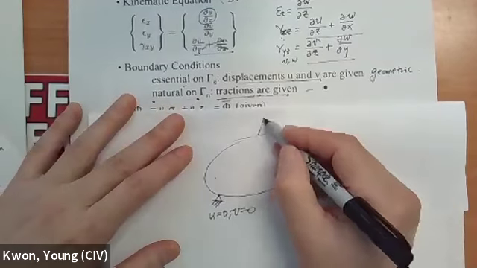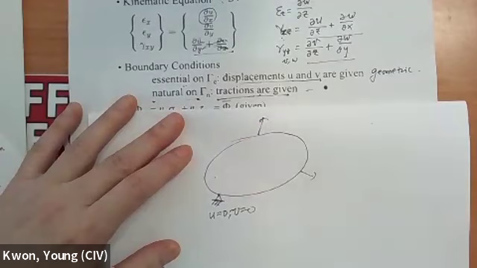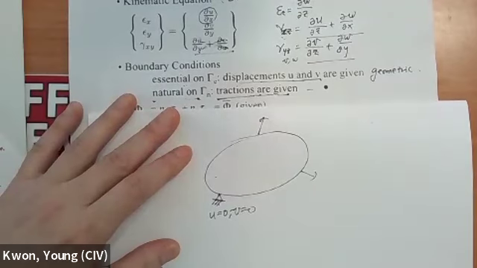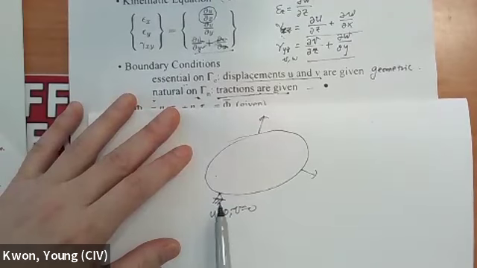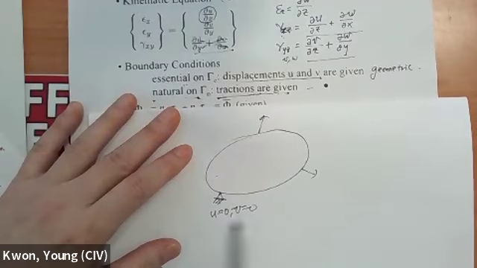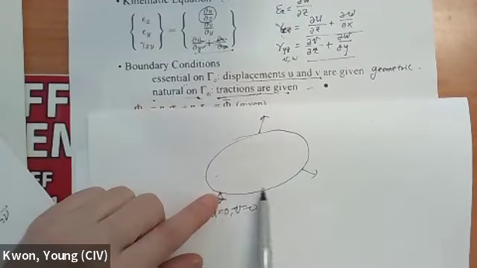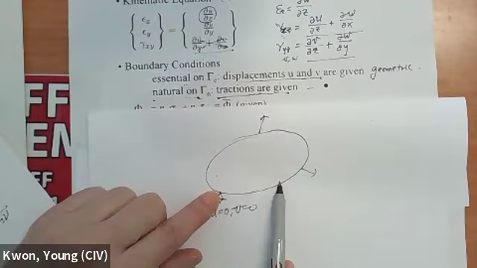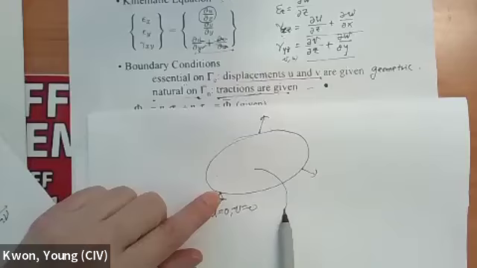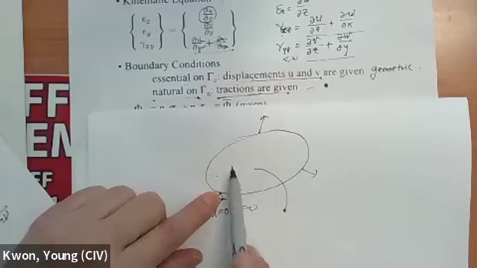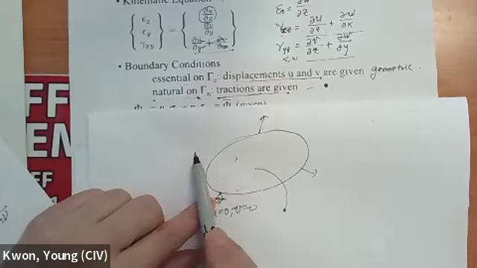Then I apply a load like that. Then what are you going to expect? Even with this constraint here, you may have rigid body rotation, correct? This body could rotate either this way or that way.